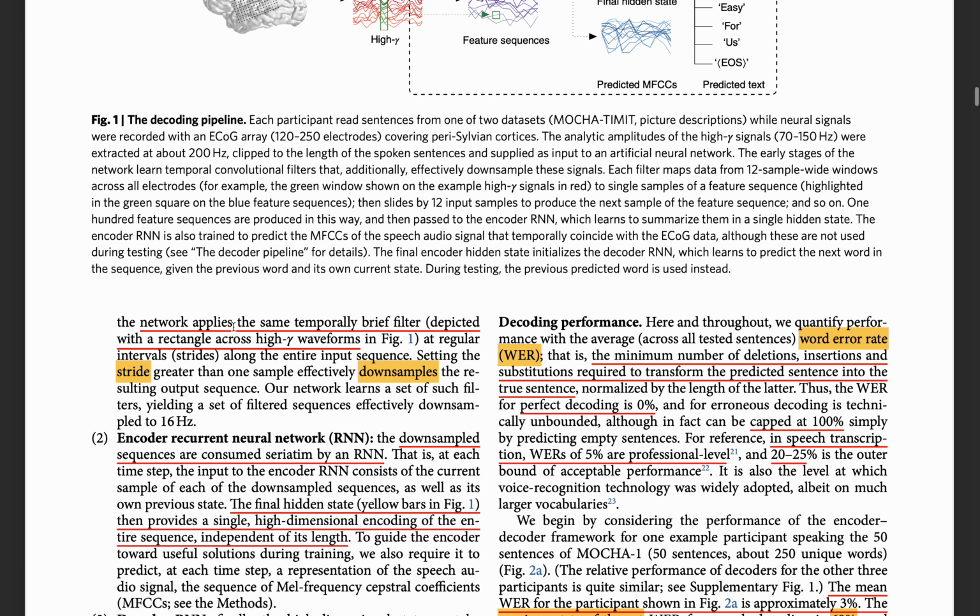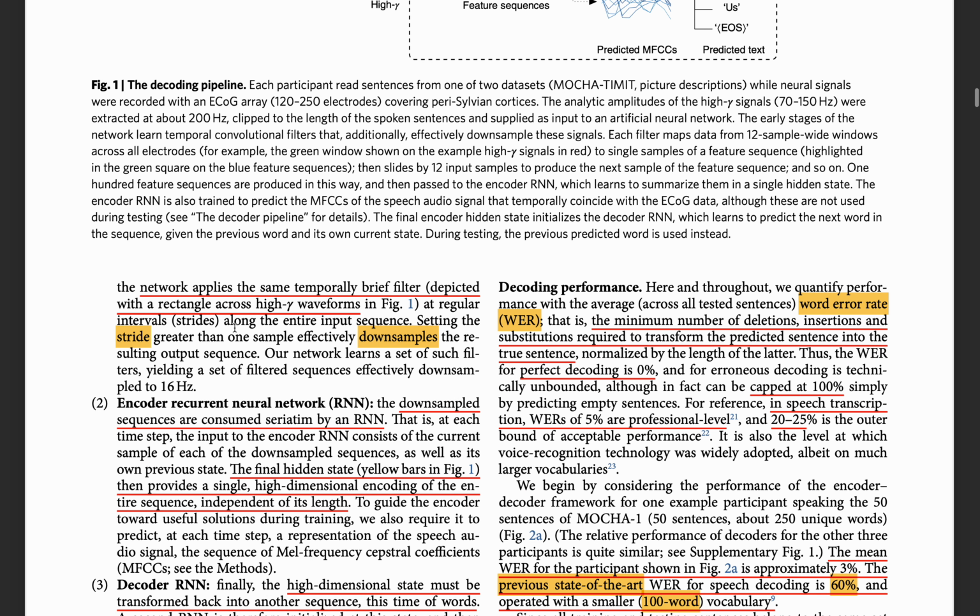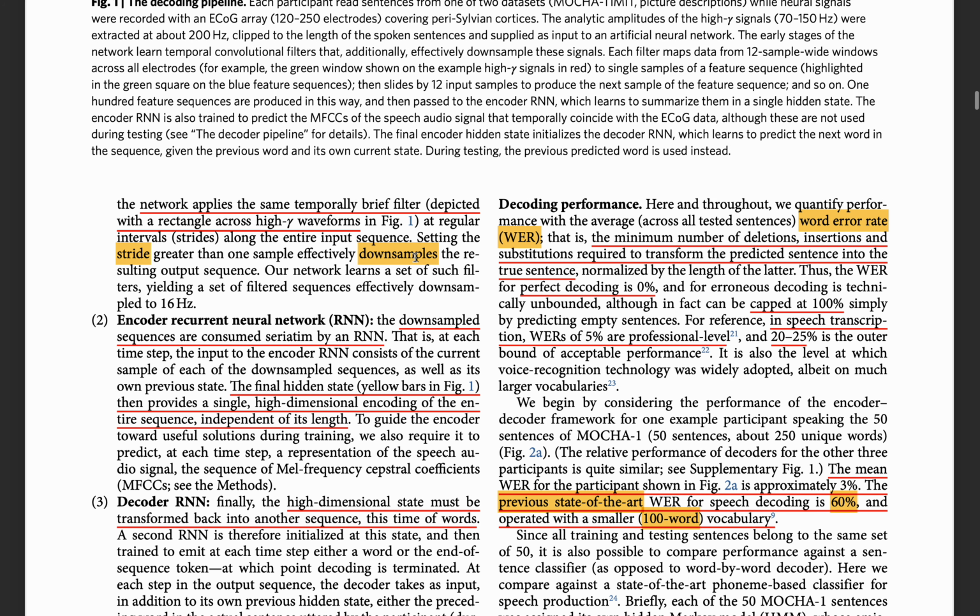The first part again talks about the temporal convolutions. These brief filters are applied, and then that downsamples the information using a stride greater than 1. Stride, in case you're not familiar, you can think of as a step size.